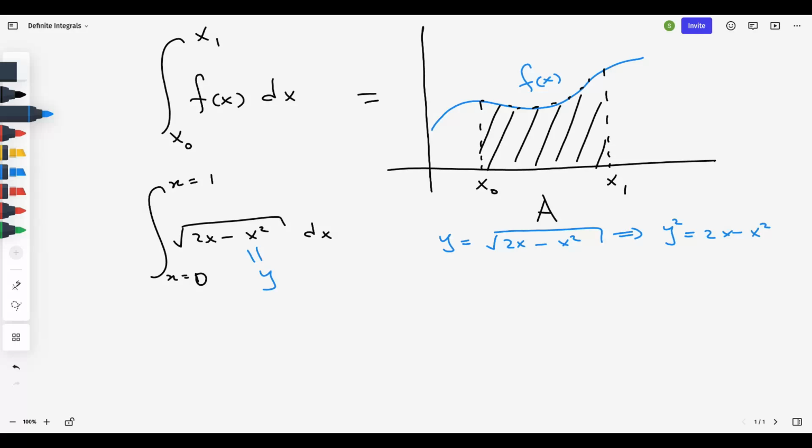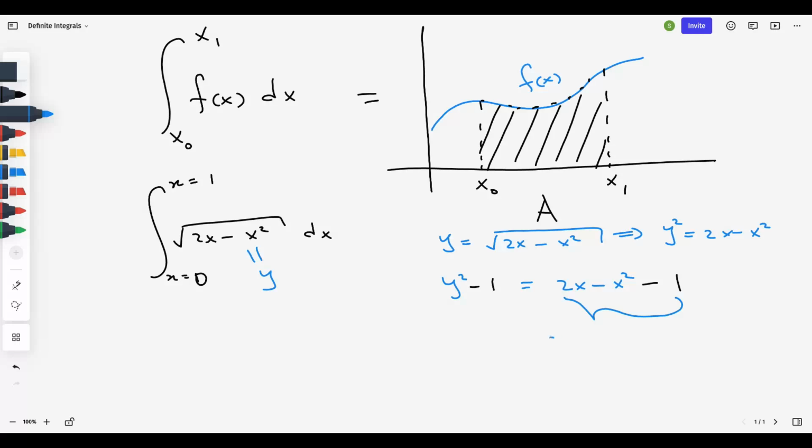If I rearrange a bit or complete the square on the right hand side, I can look for a constant that can be added or subtracted. So I think if I subtract 1 from the right hand side, to keep the equation true, you have to do both: you have to add or subtract the same number from both sides. What I'm trying to show is that this portion is now a perfect square.